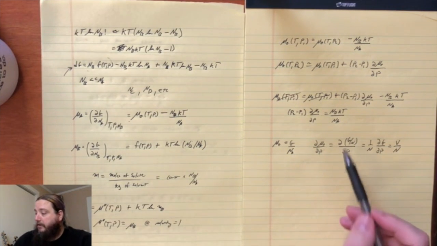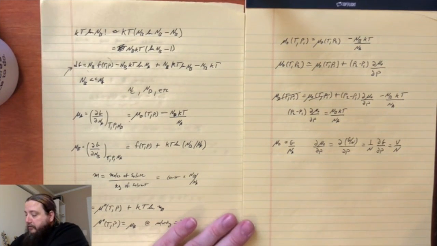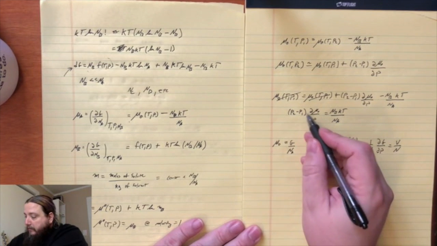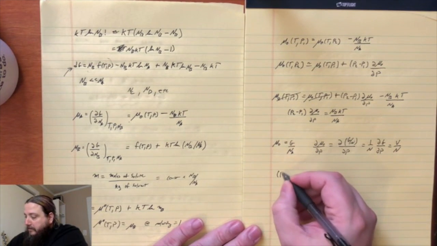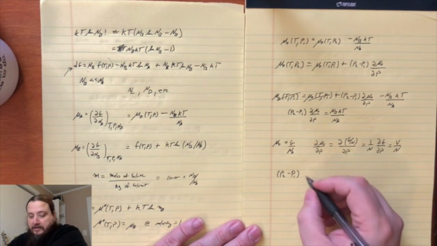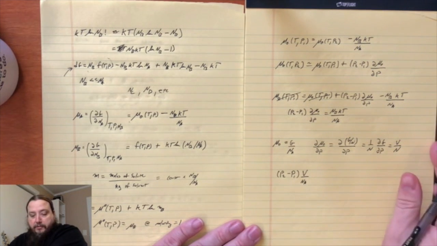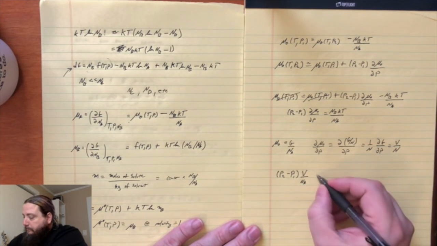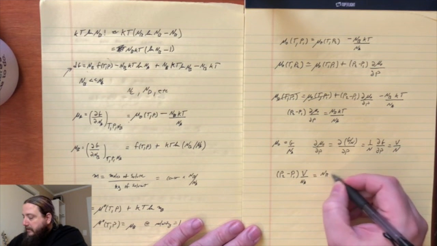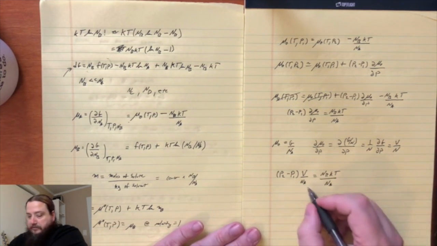So in other words, this d mu/dP term just gives us a factor of V over N, and if we plug that back in over here, we can say that the pressure 2 minus pressure 1, the pressure difference, times V over the number of solvent molecules, has got to be N_B kT over the number of solvent molecules.